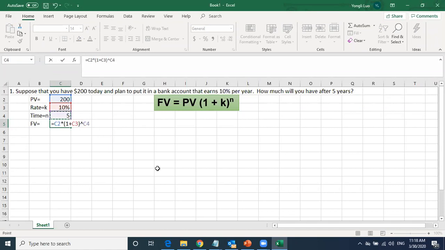You can do that using the formula. So how much money you have after 5 years is $322.